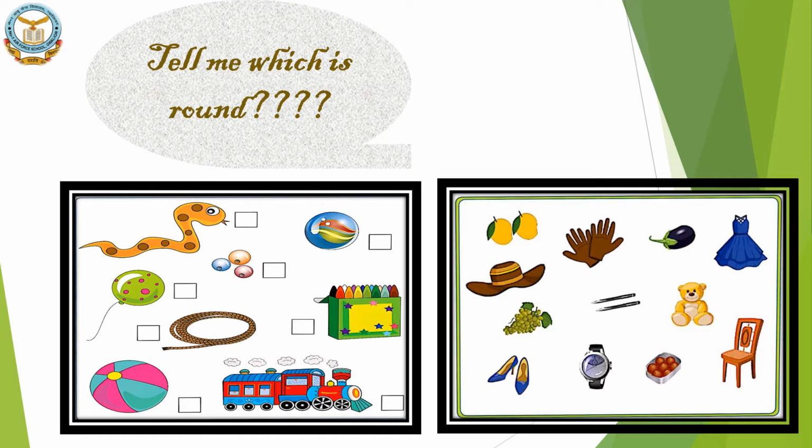Now let's move to picture 2. In this picture, the round objects are grapes, dial of a watch and sweets. So my dear students, by observing the things carefully, you can easily find out which one is round.